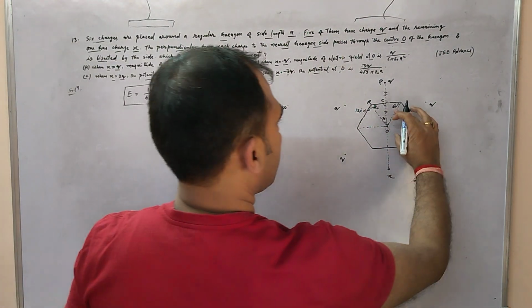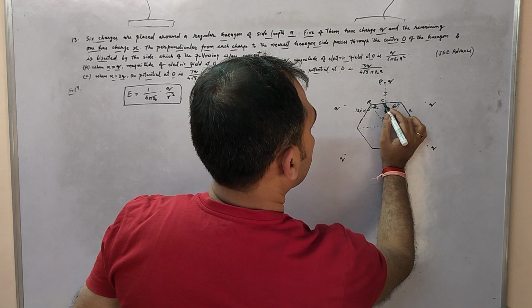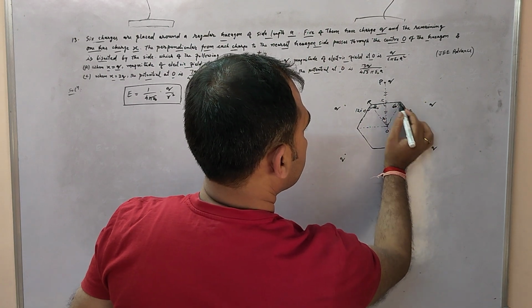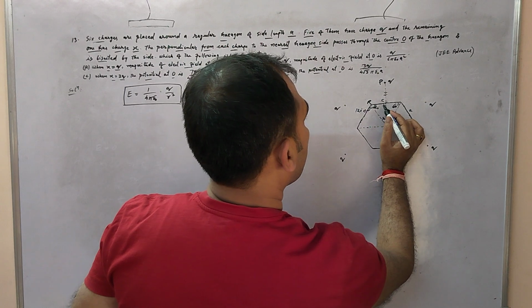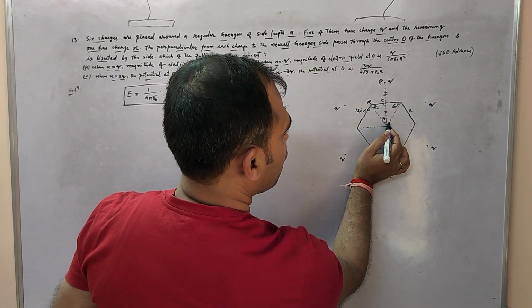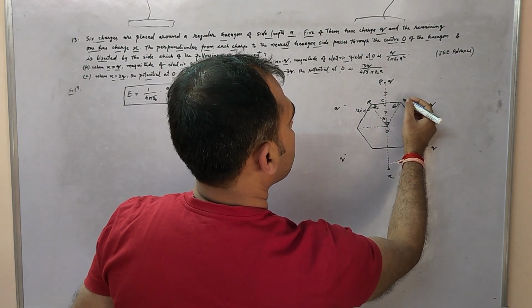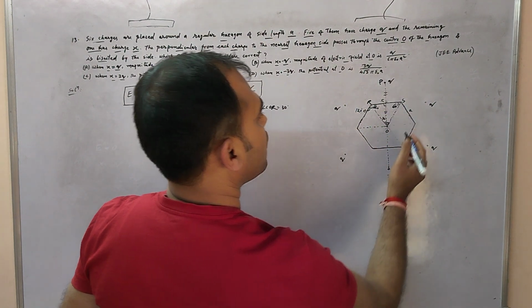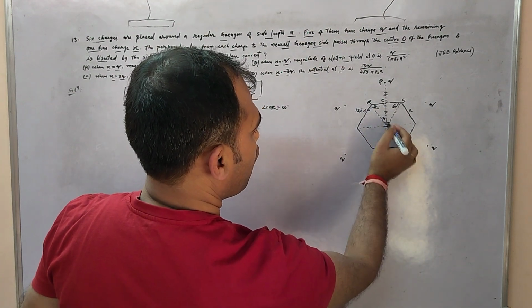And again, see, this is a regular hexagon with side A. This is A, and this is 60. This is 60, so this will also be 60. Now let us say this is point S. So let us now consider triangle ORS.